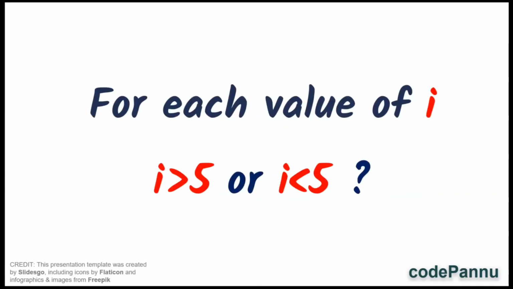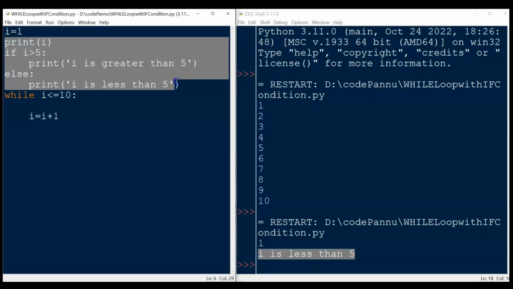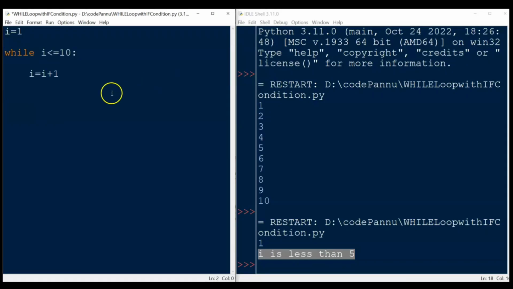Now, let us check the condition for each value of I, whether the I value is greater than 5 or less than 5. So, we have to write this code inside the loop. Let us cut the same code from before the loop and paste it inside the while loop.